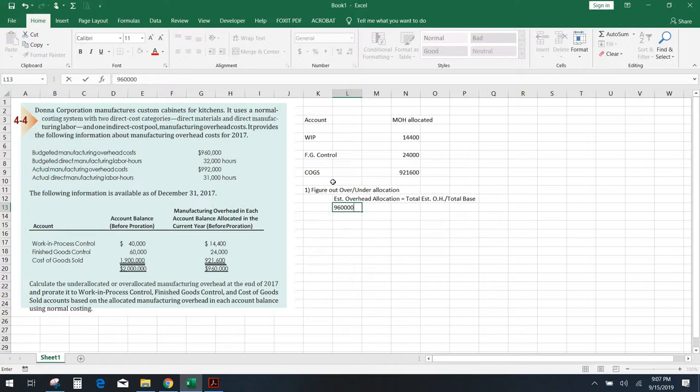And then we need to divide that by the base, and they're using direct manufacturing labor hours, so that's 32,000 direct labor hours.